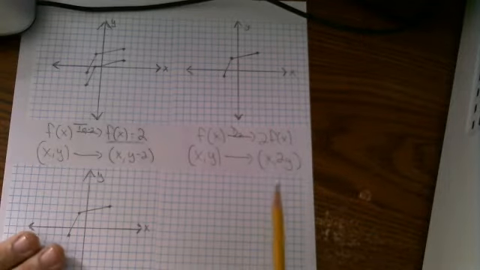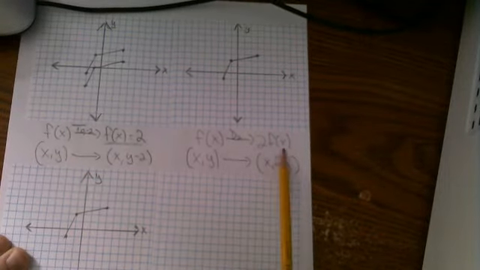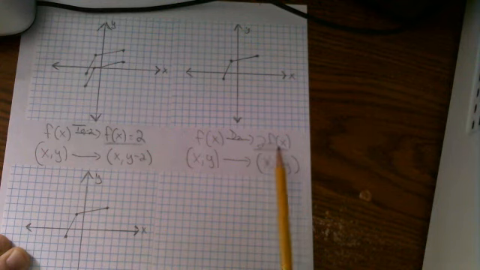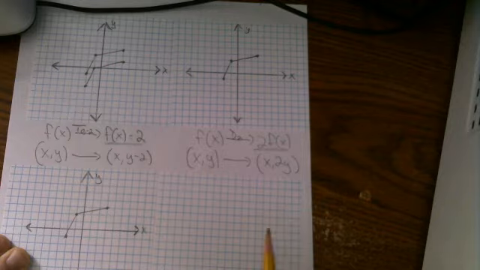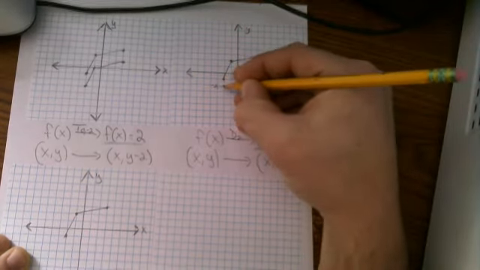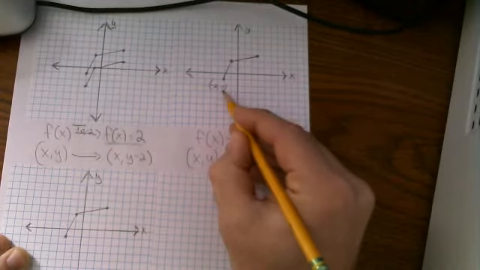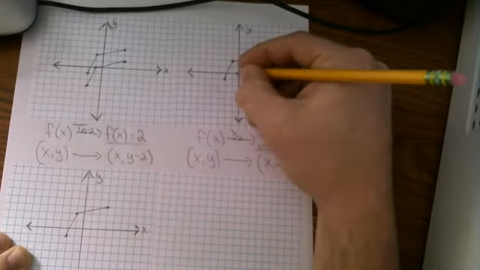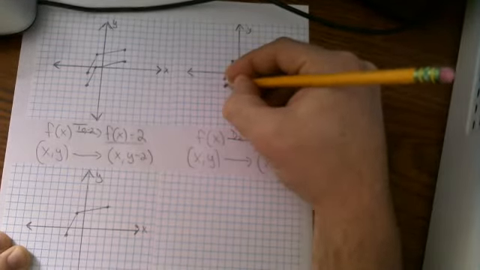Now if we wanted to dilate 2 times f of x, the key here is recognizing that we're multiplying all of our y values by 2. We're not changing any of the x values. This is the ordered pair negative 2, negative 1. If we multiply the y value by 2, we're going to have negative 2, negative 2. The x value did not change, only the y value did.